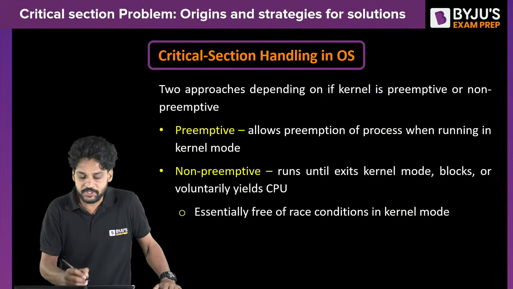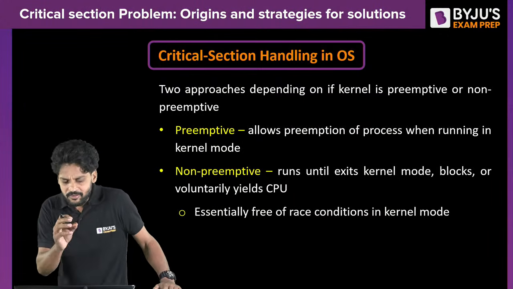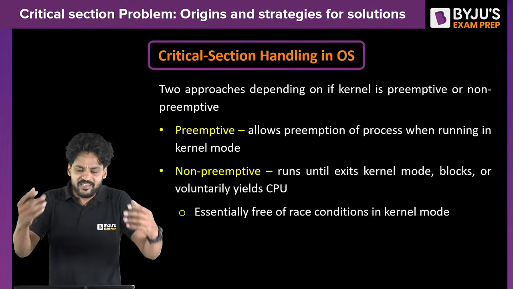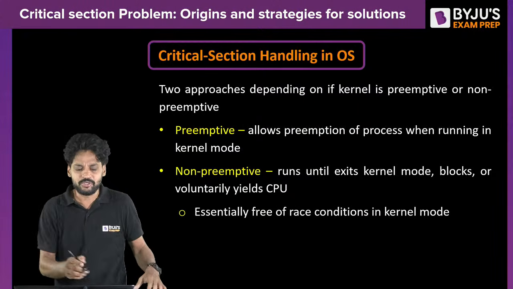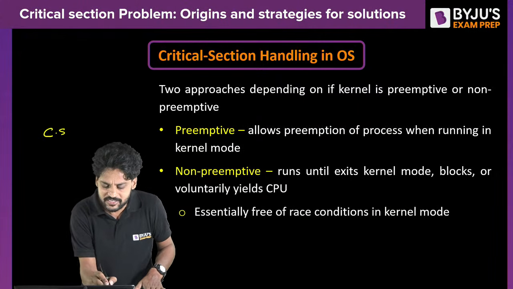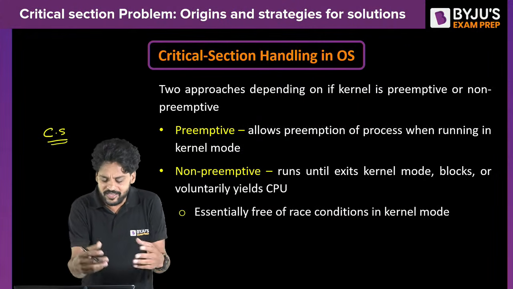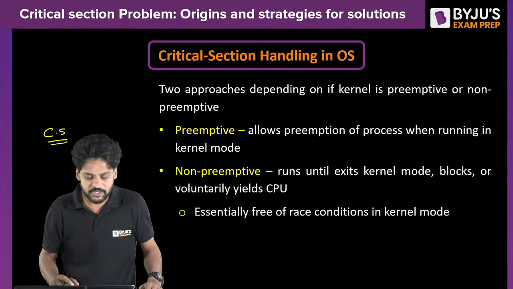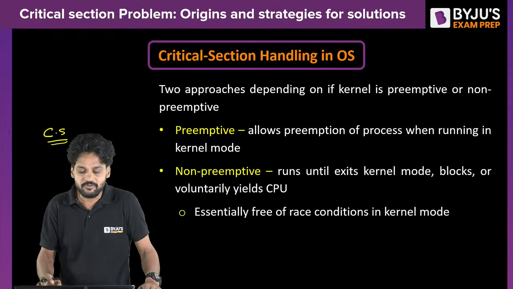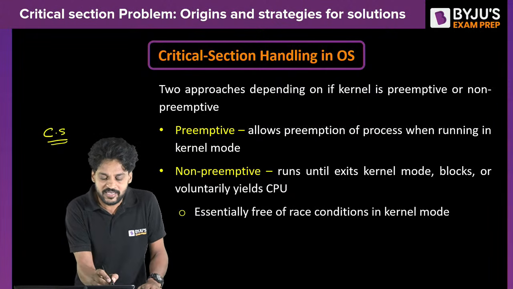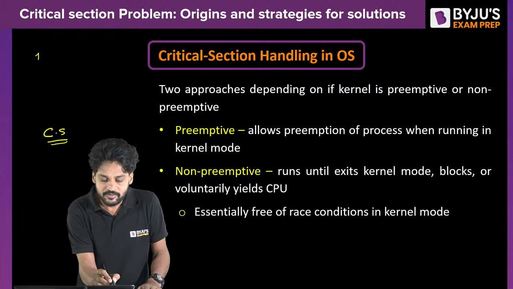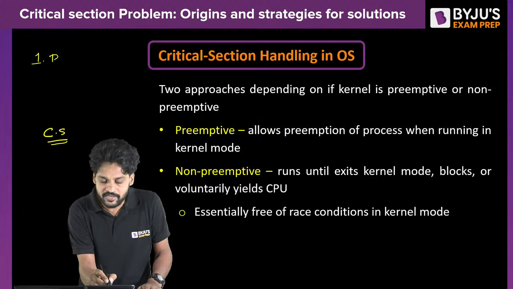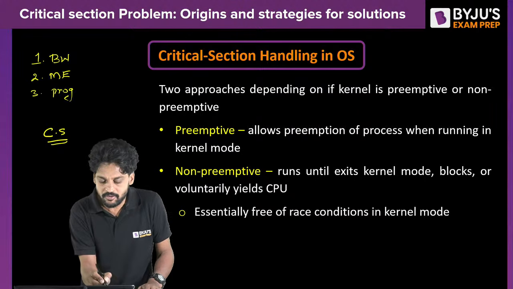In the previous session, to design any solution to protect the critical section, I require locks of some kind, but any solution you follow needs to satisfy 3 criteria: bounded waiting, mutual exclusion, and the third one is progress, right?